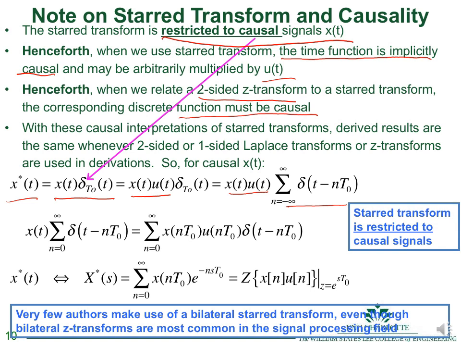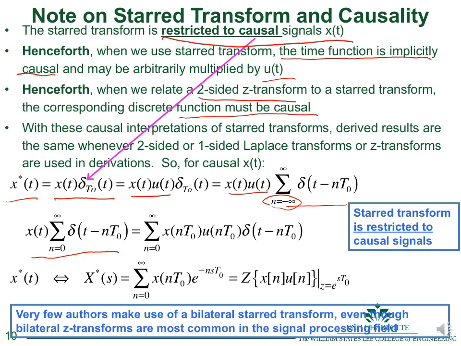I could restrict this to 0 to infinity, but I would lose perhaps the advantage of taking the Fourier transform of the minus infinity to infinity form. And so this can also be written as x of t times the sum from 0 to infinity, again with perhaps the weakness of not being able to use a Fourier transform pair as straightforwardly.